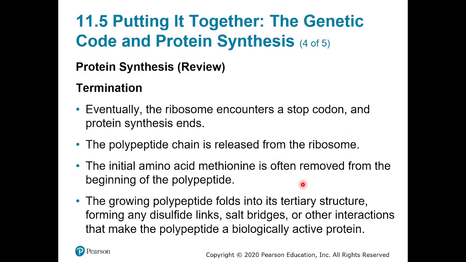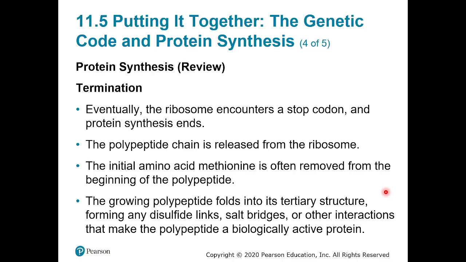The initial amino acid is typically methionine. This is going to be oftentimes removed from the beginning of our polypeptide. This is actually your start and usually helps you attach to whatever is going to happen next, and then get removed to give you your final protein structure. Okay. Your growing polypeptide is actually going to fold into its tertiary structure.